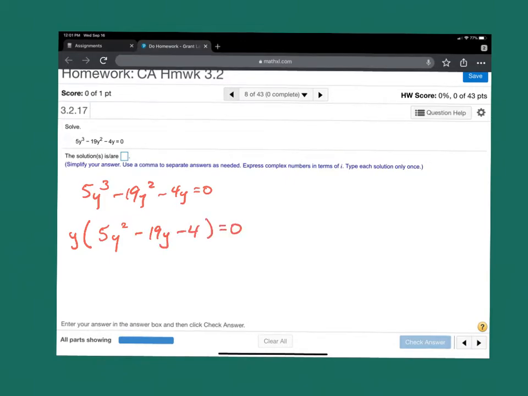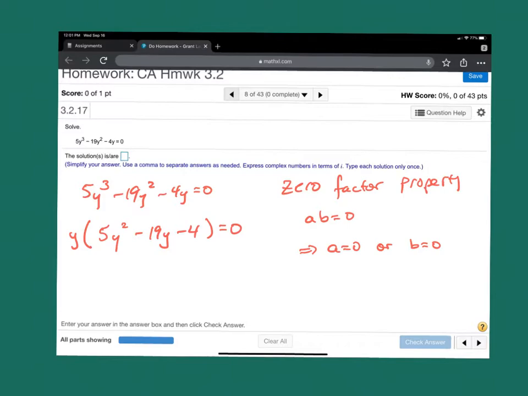And so now we're using something called the zero factor property, which basically says that if we take two things, a and b, and multiply those two things together and we get 0, well, the only way that can happen is for either a to be 0 or b to be 0.